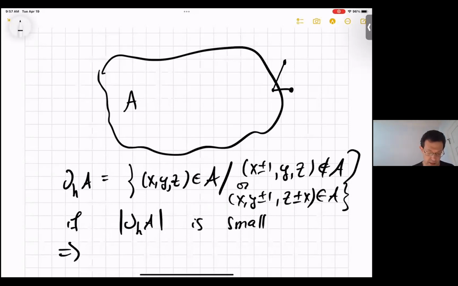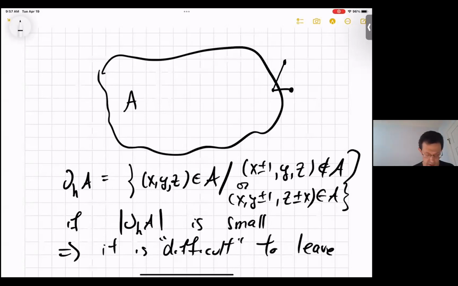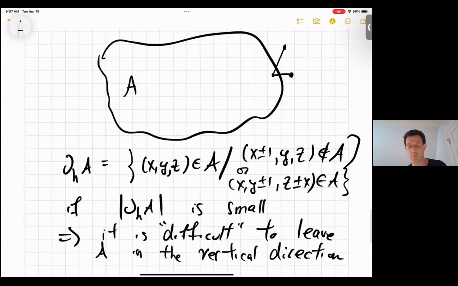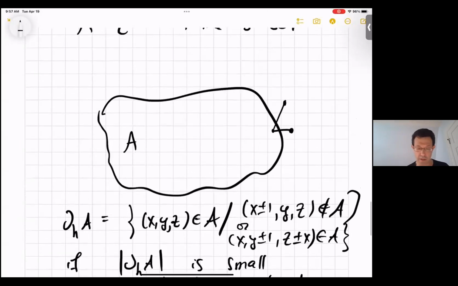This implies that it is difficult, whatever that means, to leave A, to start from a point of A in the vertical direction. So leaving A in the vertical direction means starting with a point in A and finding a point which differs only in the Z coordinate, either above it or below it, which is not in A.